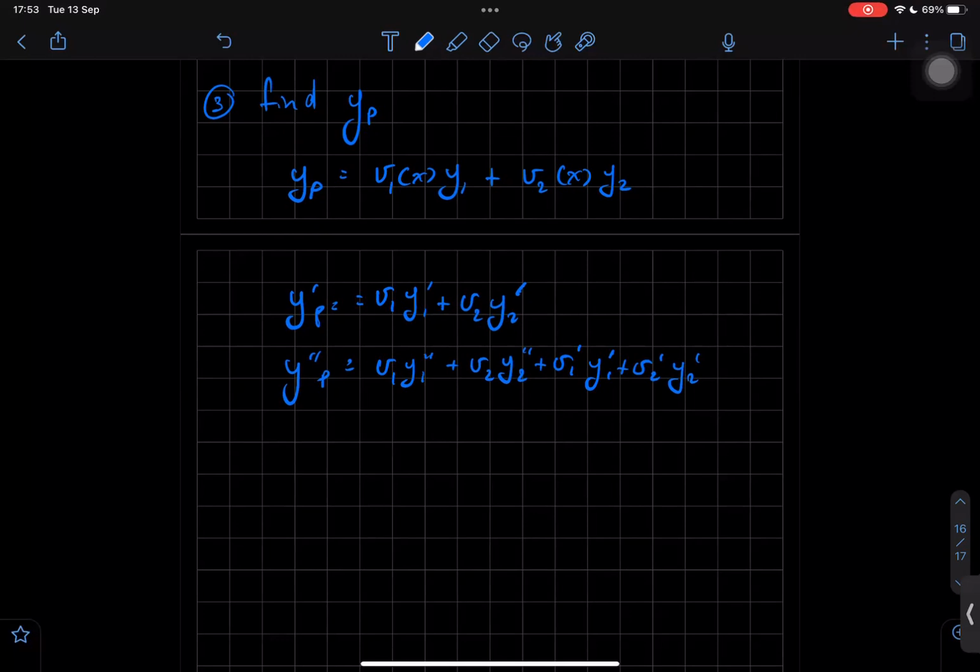Now we get this, and you just plug this into your first ODE and then try to find the answer. Maybe you're going to see it more clearly in the example.